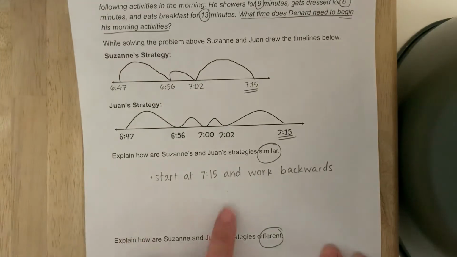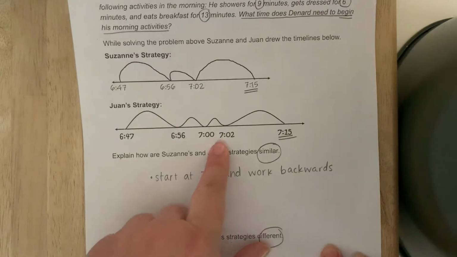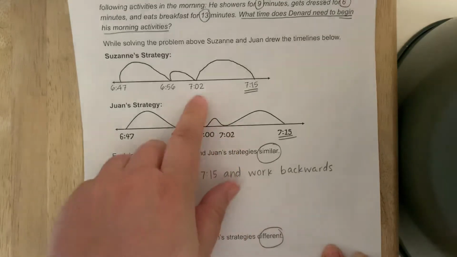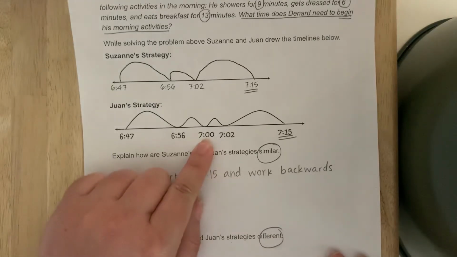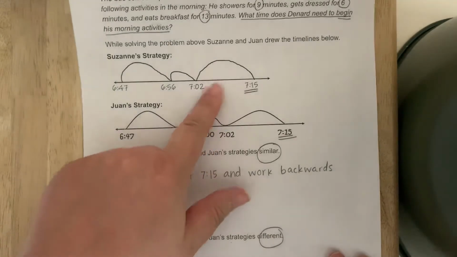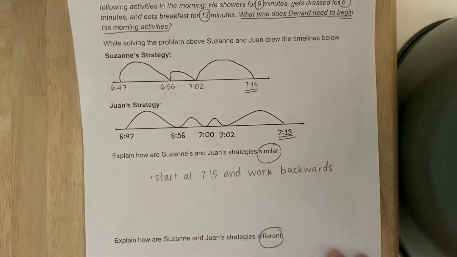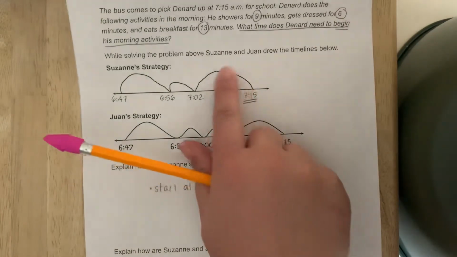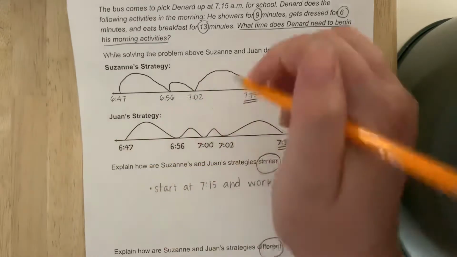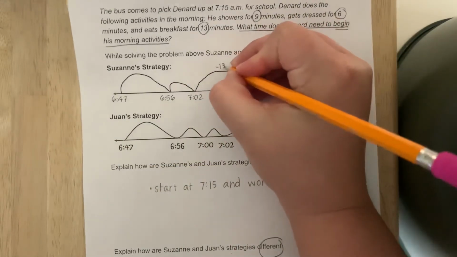Now, I see different times here. 7:02, but then here I see 7 o'clock. So that's going to be something different that Juan did. Let's go ahead and label these hops so that we know exactly what was happening. From 7:15 to 7:02 is minus 13 minutes.